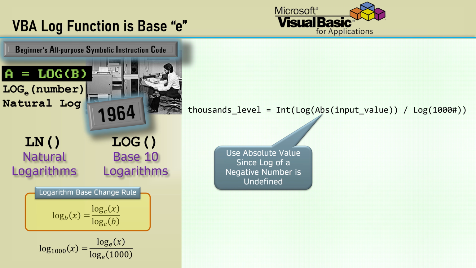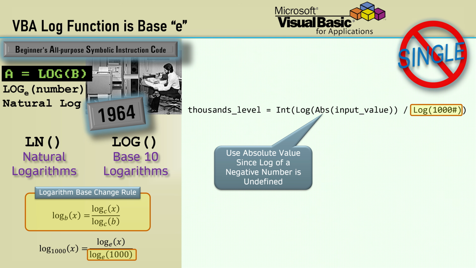First, we need to take absolute value of the input because it could be negative. The log of a negative number is undefined. Then, taking the log of that positive number, we divide it by the log of 1000. As I pointed out in a shorts video, a number in VBA should never be declared as a single precision.